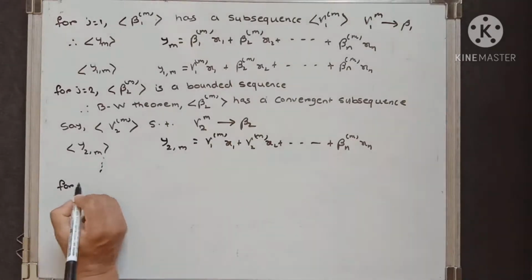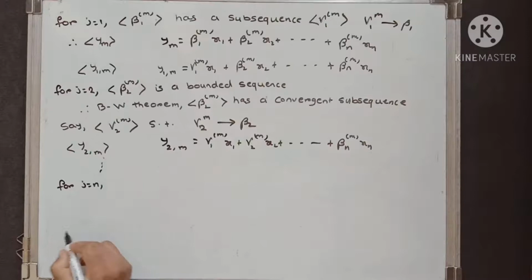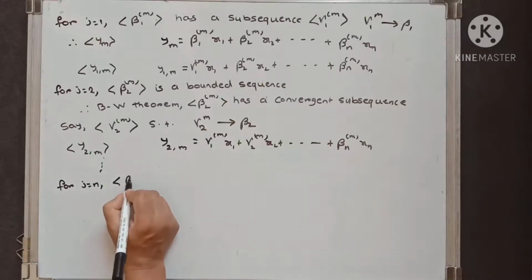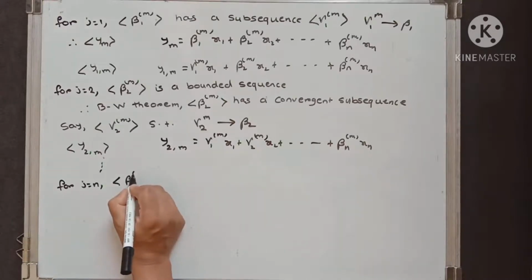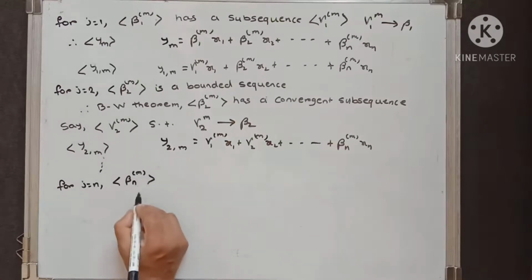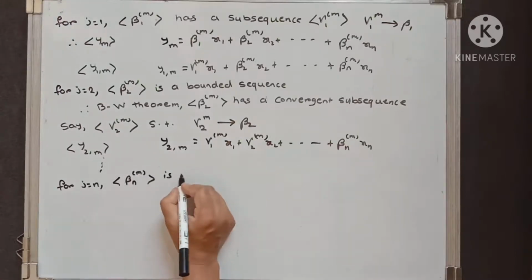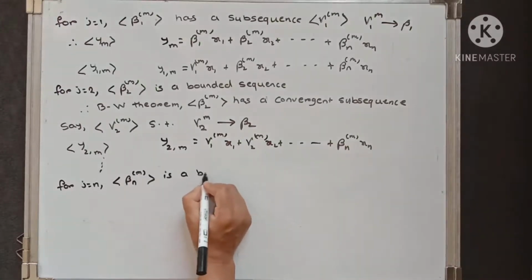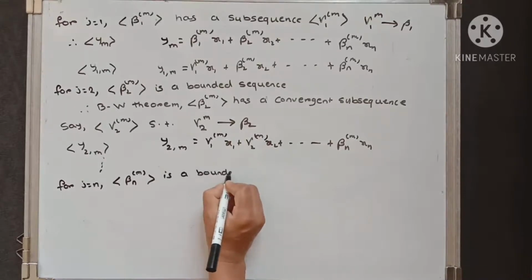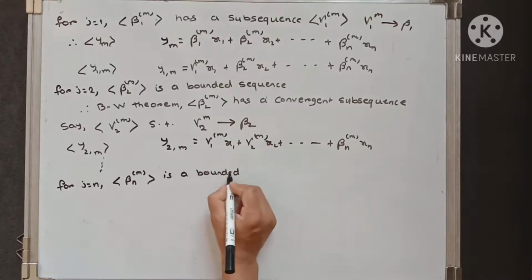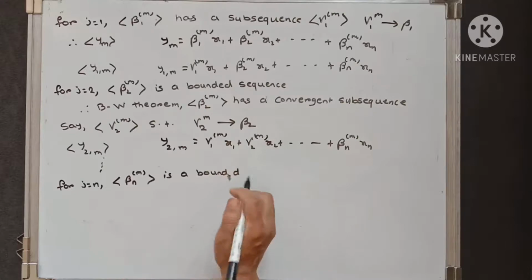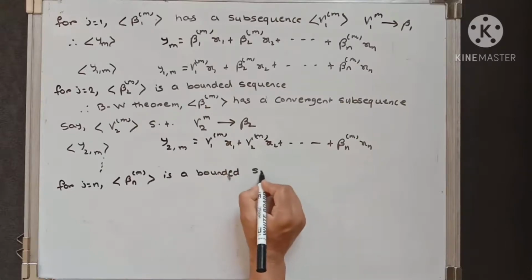Therefore, for j equals to n, we get the sequence beta nm. Now beta nm is again a bounded sequence because all the terms are less than or equal to 1.